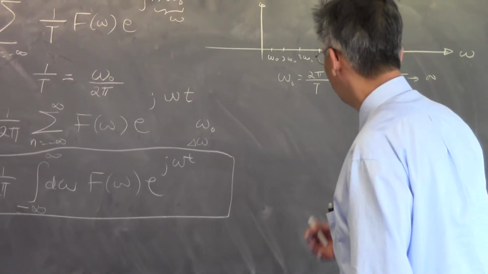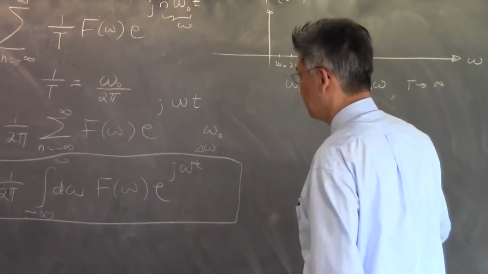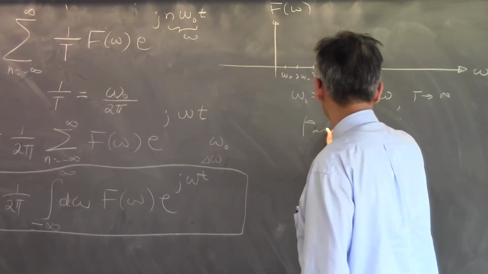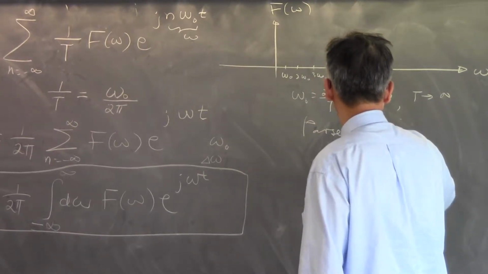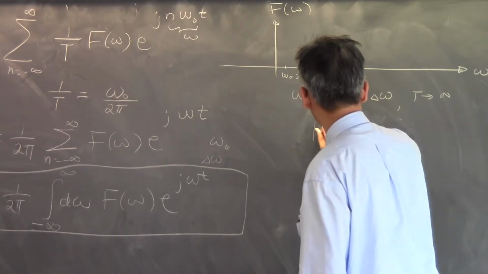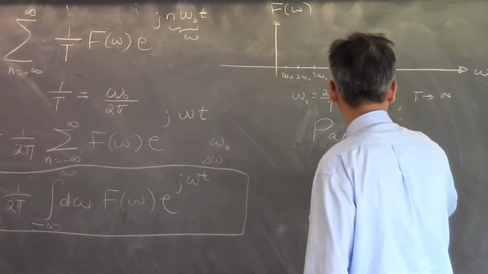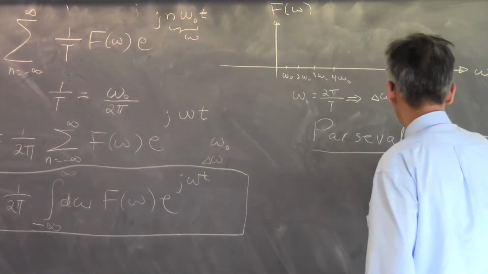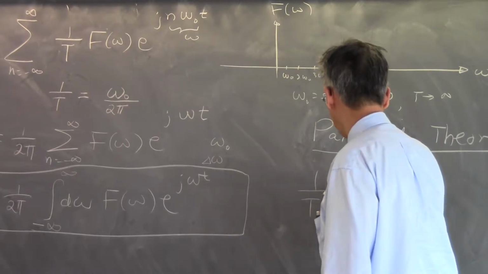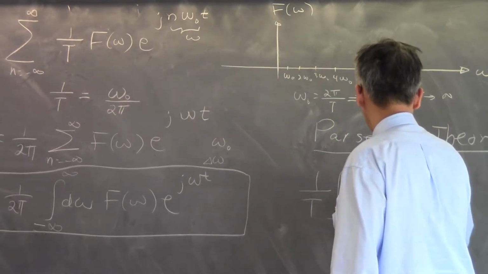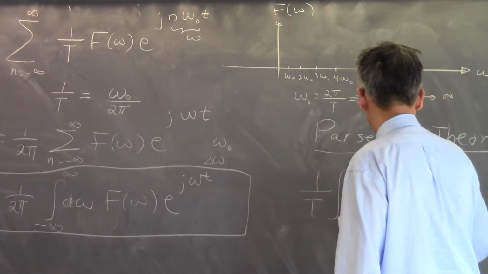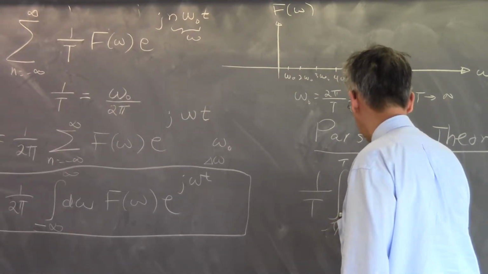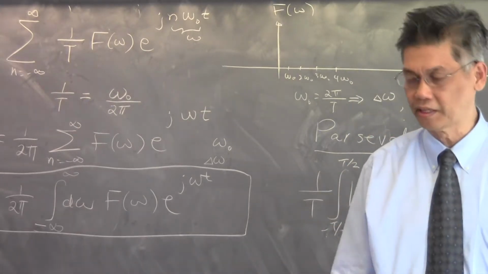And then we remember Parseval's theorem. Parseval's theorem, let me see how to spell that, P-A-R-S-E-V-A-L theorem. It says that if you were to time average the power in a signal over a period, it doesn't matter, this could be minus T over 2 to T over 2, since it's a periodic signal.